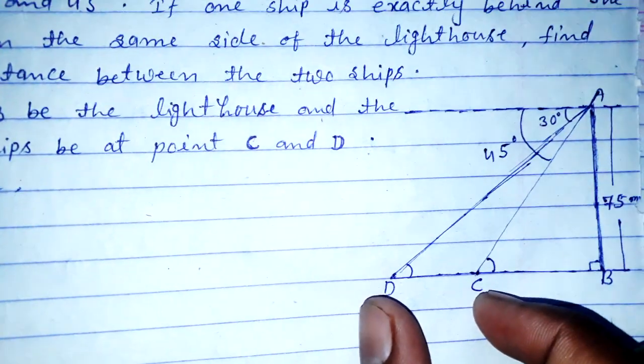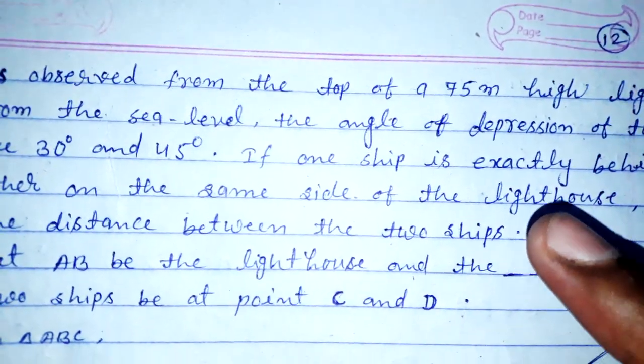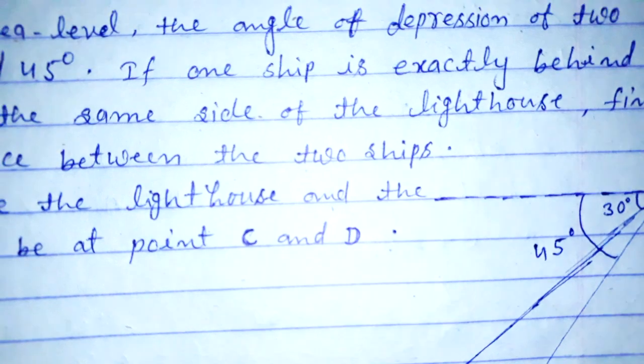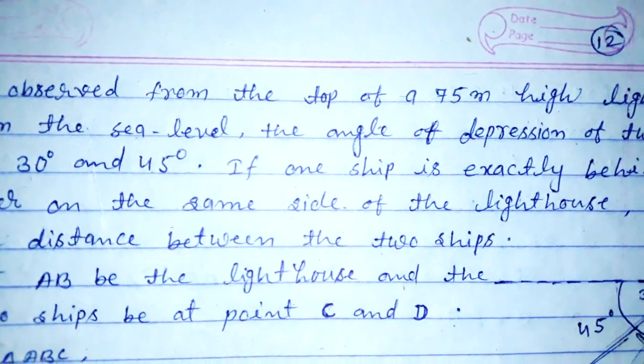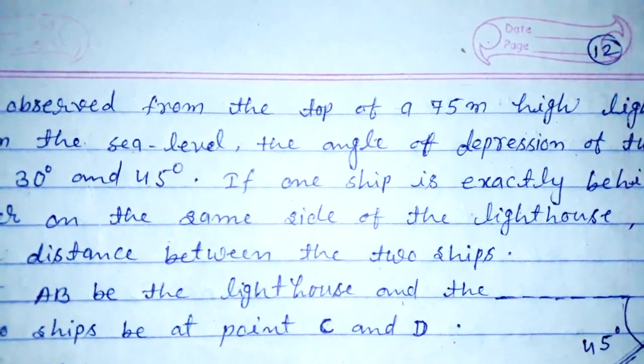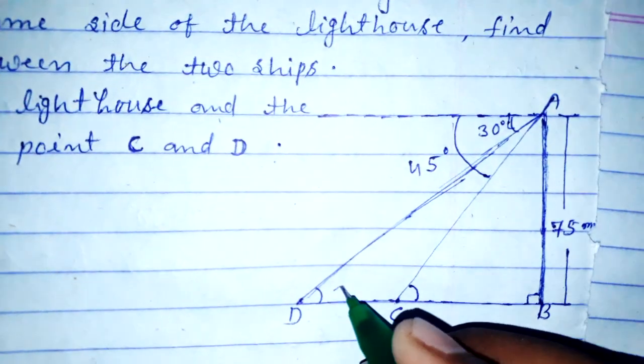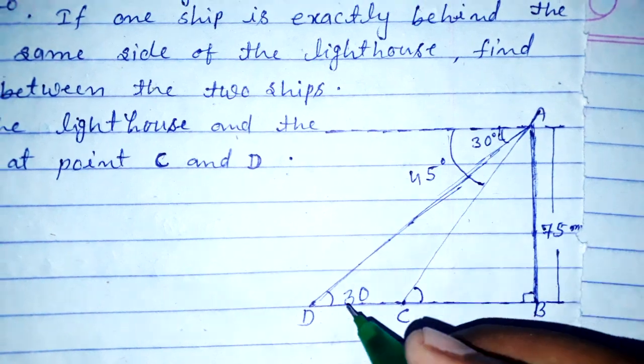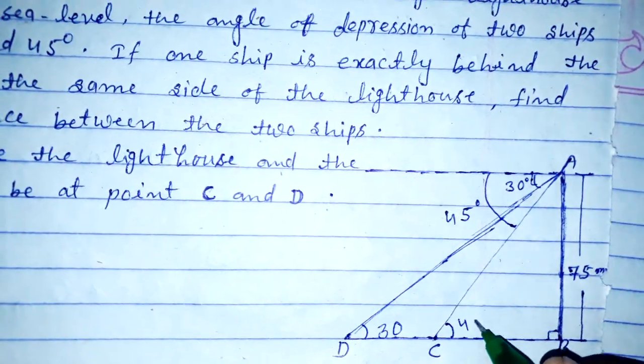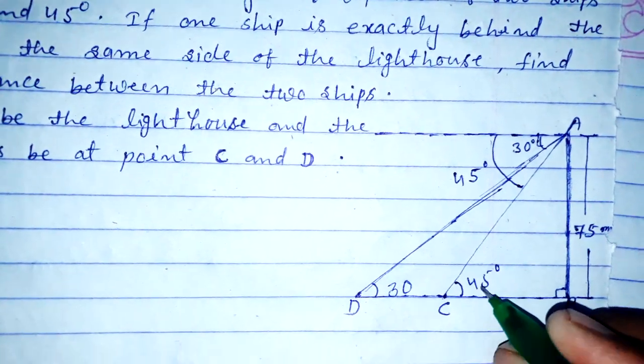So we will find the distance between the two ships. So here they give the angle of depression. So this angle is 30 and the complete angle is 45 degrees. So this angle is 30 degrees because of alternate interior angles, and this is the 45, this is the alternate interior angle.